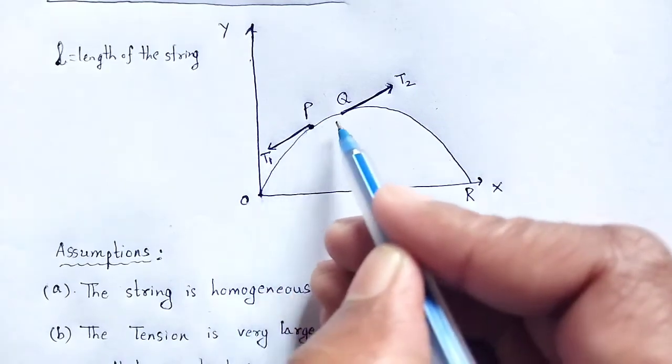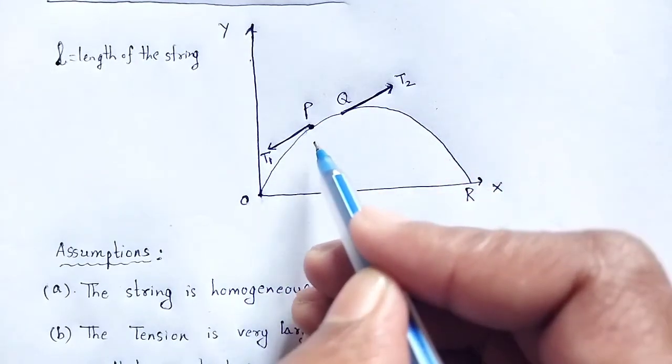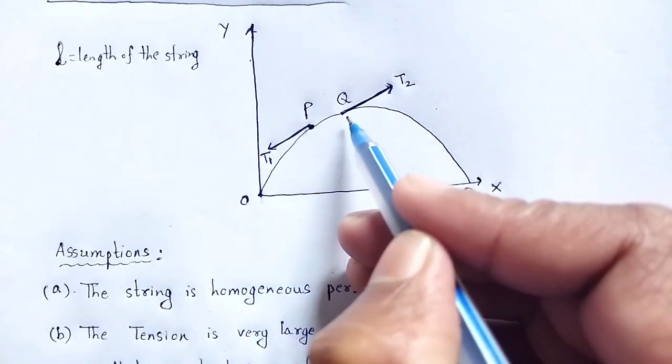Hence, let T1 and T2 be the tensions at points P and Q.